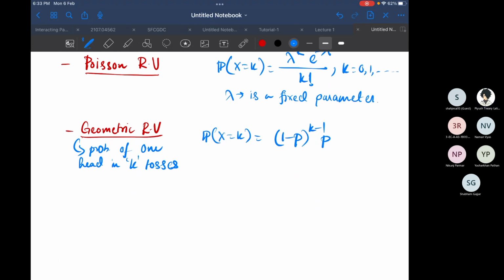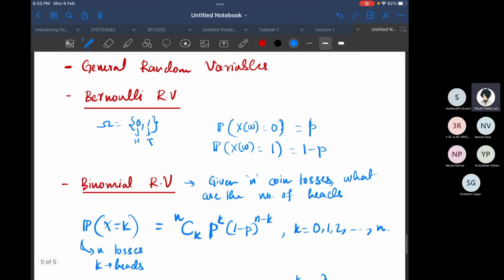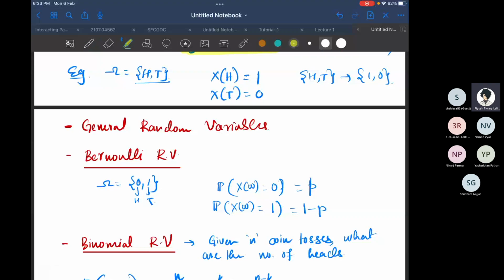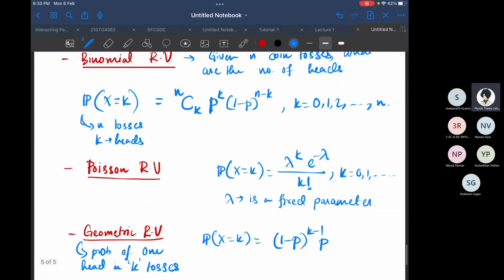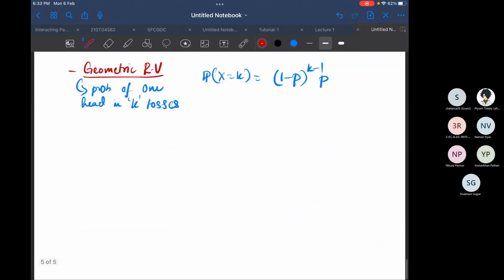That's all. Now these were all discrete random variables, right? So let me take up some continuous random variables, like the uniform random variable.